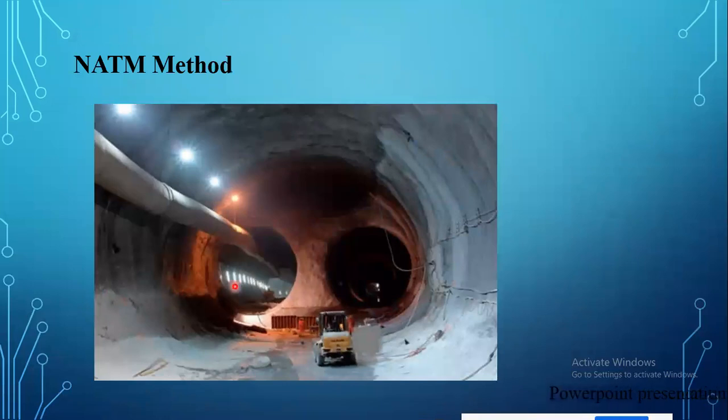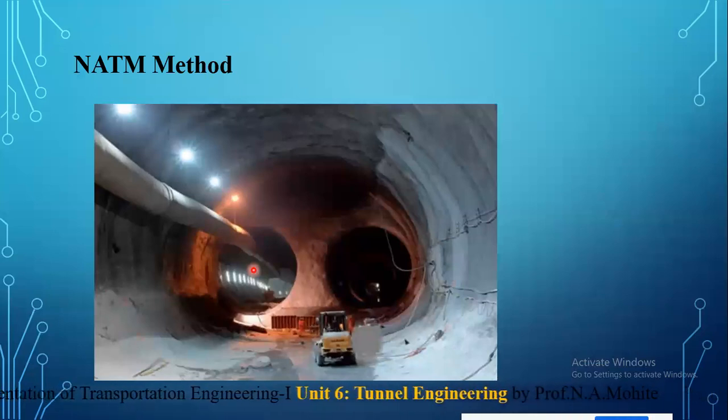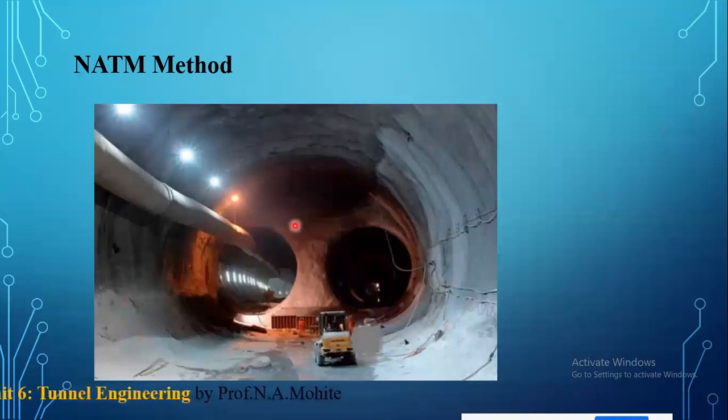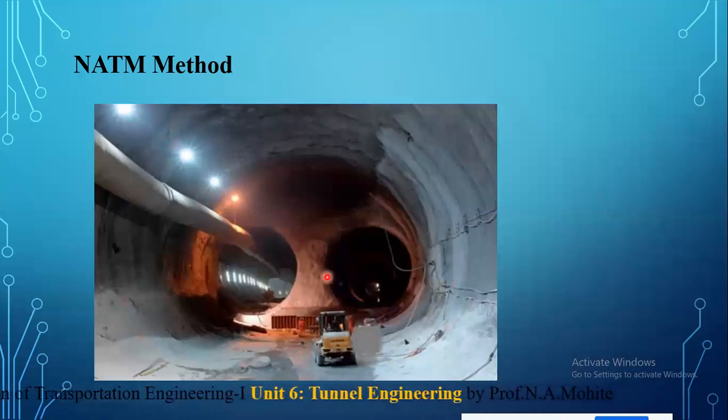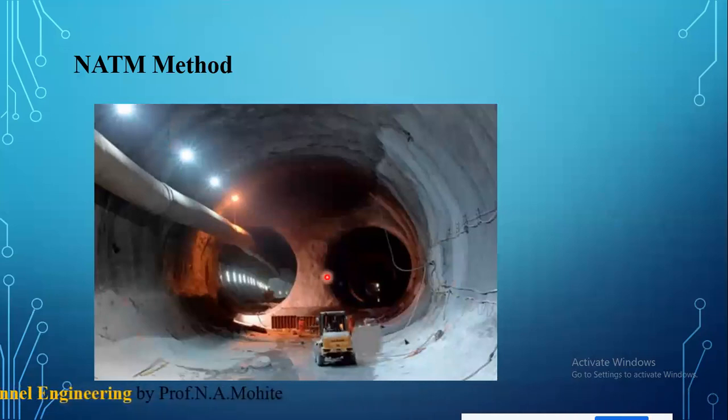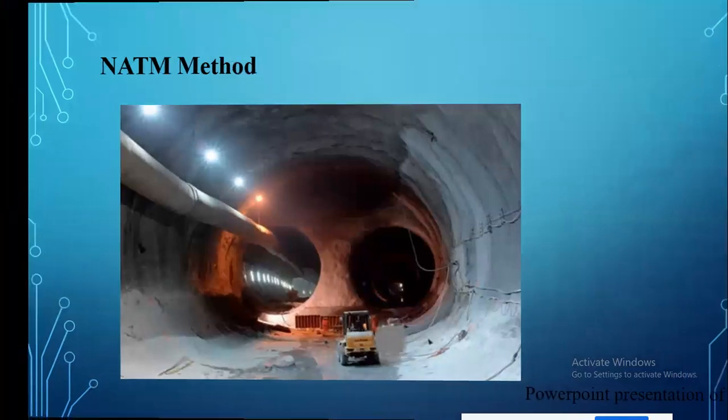Here you can see simultaneously the two tunnels are being constructed. This technique is also called the sequential method, in which you can go on doing all the work as that of your TBM parallelly, and the efficiency of this method is more.